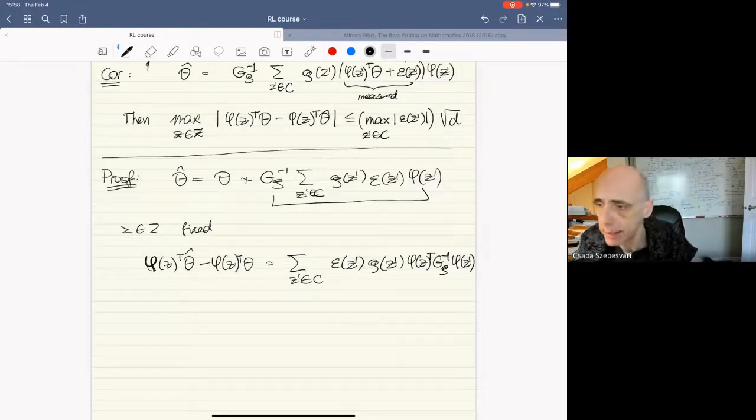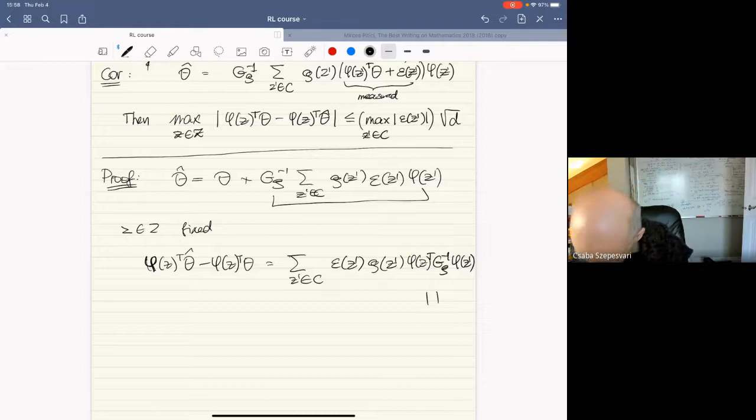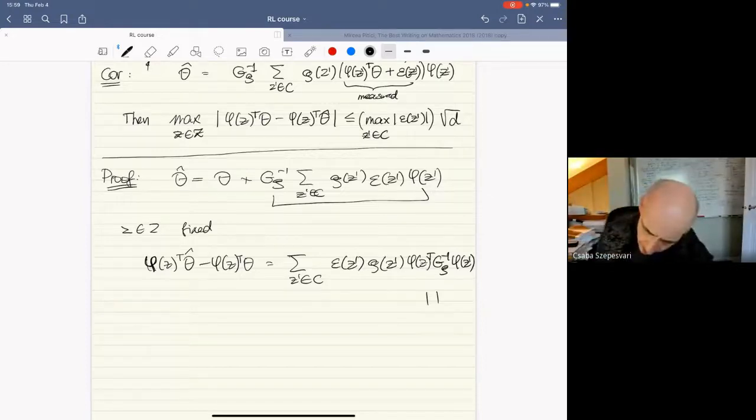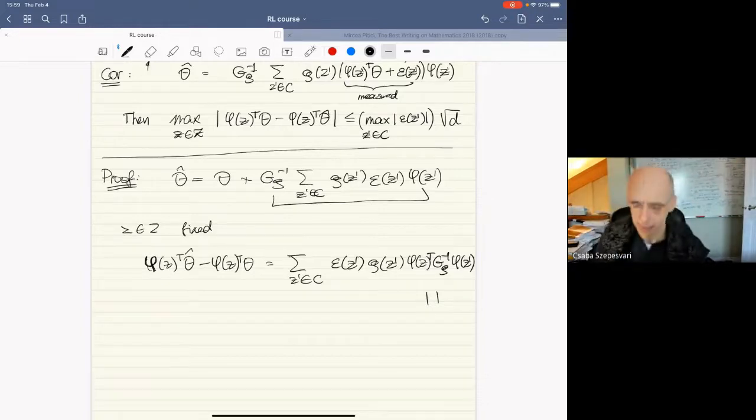Now I can take the absolute value of both sides and move the absolute value inside the sum on the left-hand side, and then take the maximum of the epsilon z prime values as an upper bound on any of those values.